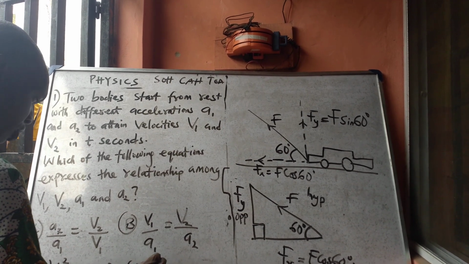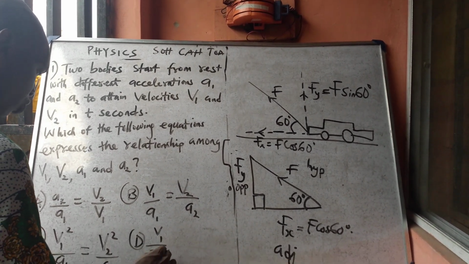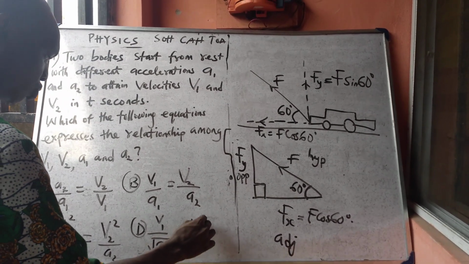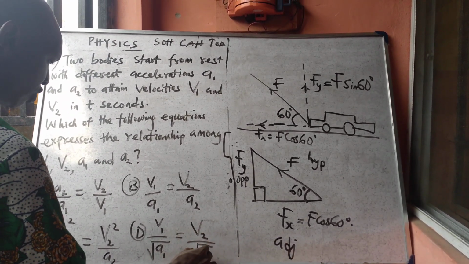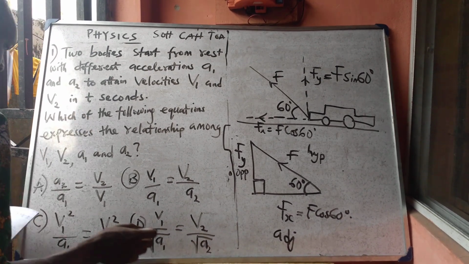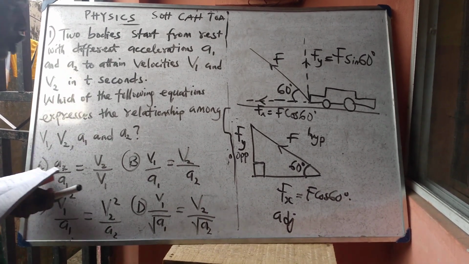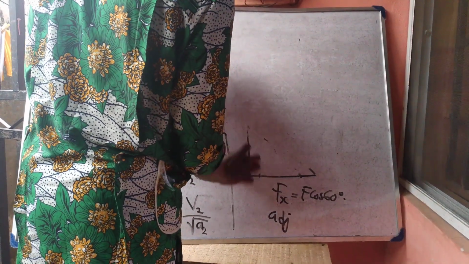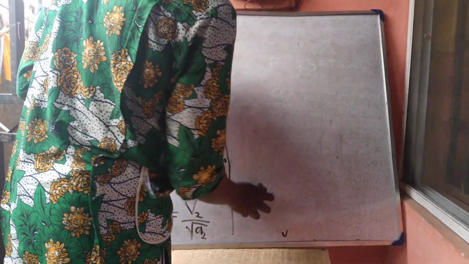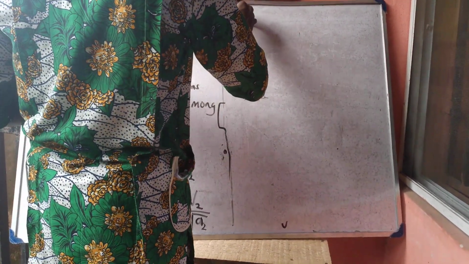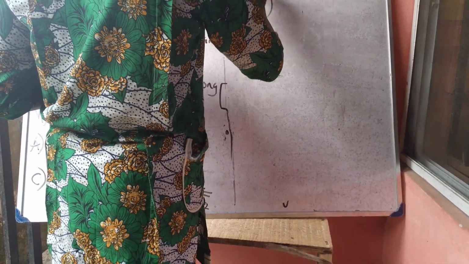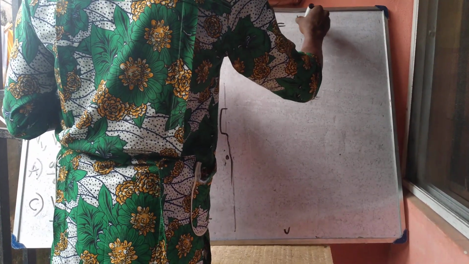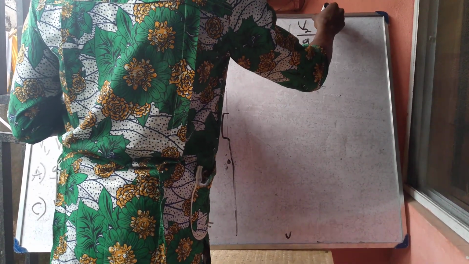Option D: V1 over square root of A1 is equal to V2 over square root of A2. And finally, option E: V1 over A2 all squared is equal to V2 over A1 all squared.